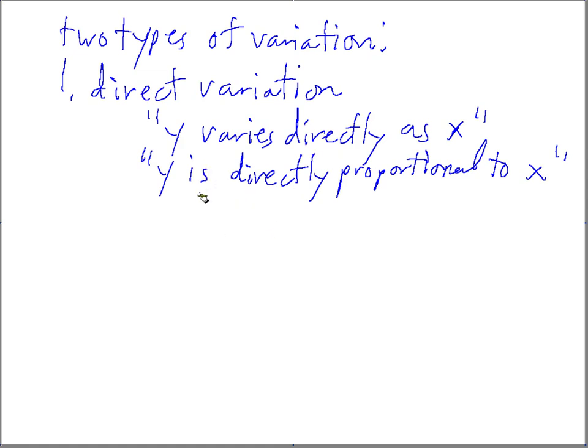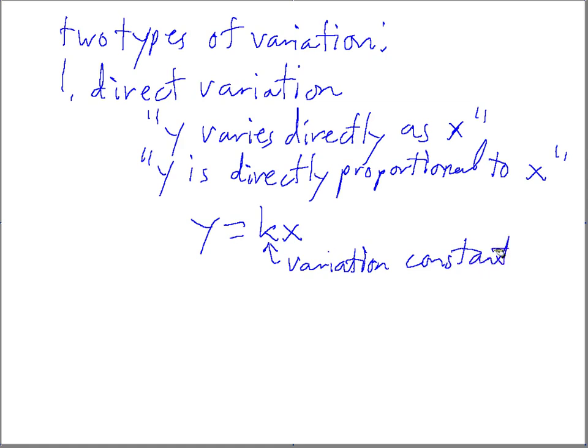Now, what is the equation to describe direct variation? Well, the equation is very simple. When you see phrases like these, you want to think of the equation y equal to k times x, where k is your variation constant.